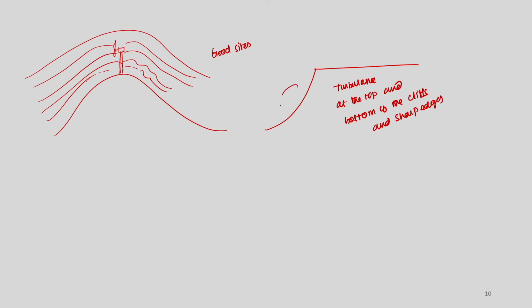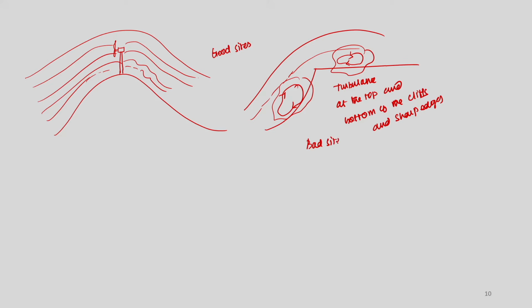There may be a wake formation here, and it goes something like this. Because of these sharp edges, a lot of energy is wasted in such wake formation instead of being converted into useful power. This we call a bad site, which cannot be improved, as naturally it is like that.